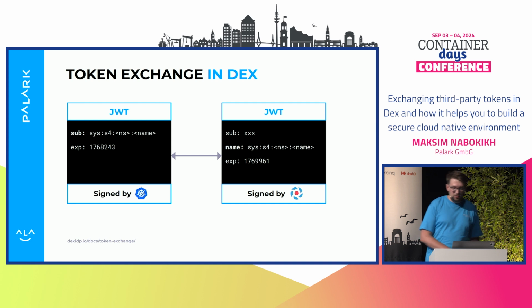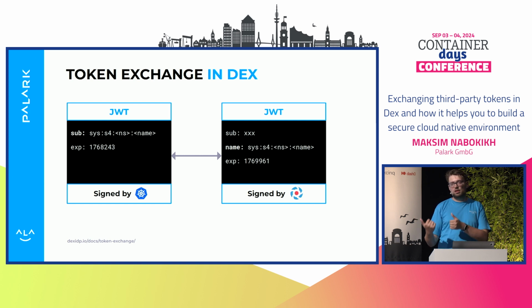The idea is that you have a JWT token signed by a different provider, for example, by Kubernetes. And based on the claims of the token, if the signature is valid, if Dex can validate the signature of the token, it can exchange this token for Dex's own token.